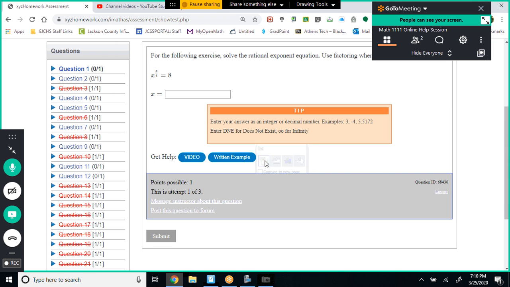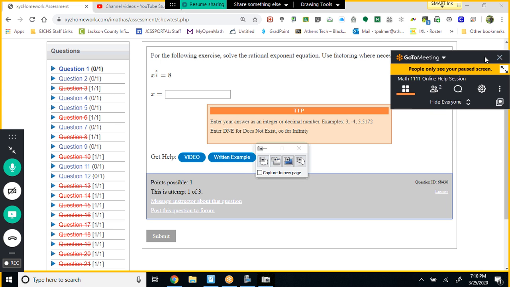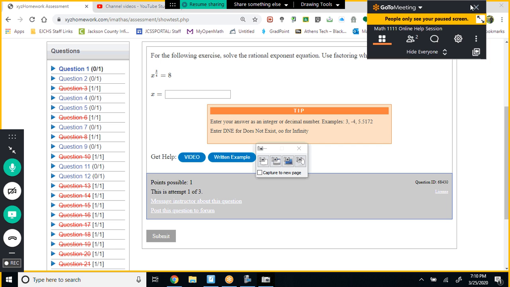Get back here. It says solve the following exercise. Solve the rational exponent equation. Use factoring when necessary.